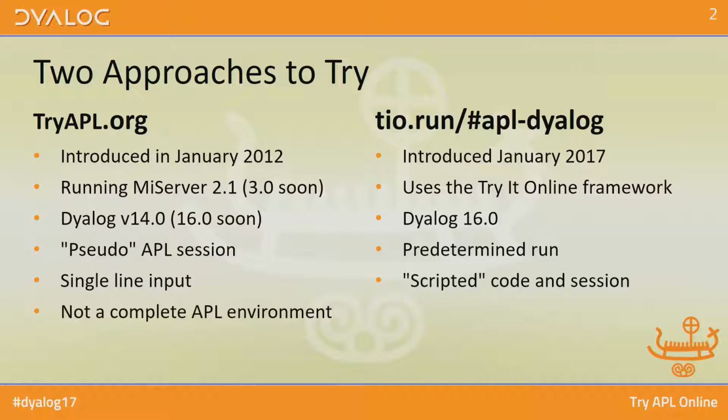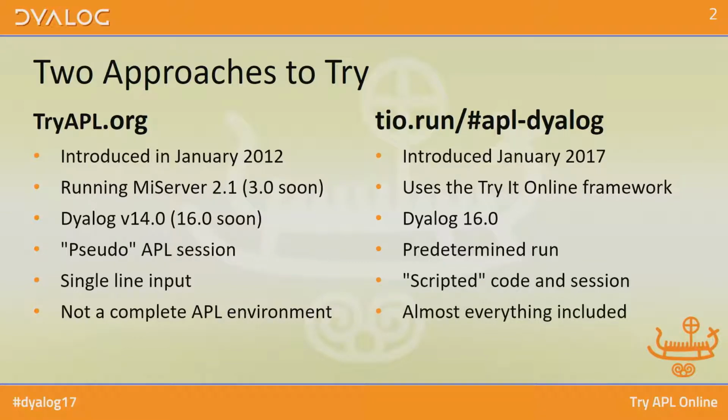Also, Try APL has a whitelisted set of operations. We didn't want somebody to be able to go in and do quad-sh rm star or use execute or a few other things. So we're using a subset of the full Dyalog development environment. Whereas on TIO, you can try pretty much anything you would want.